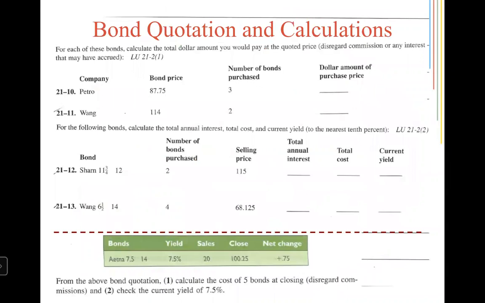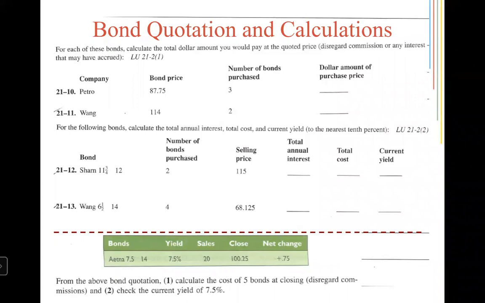Okay, so let's move to this next slide. We're going to look at a few calculations with bonds. The first one says, for each of these bonds, calculate the total dollar amount you would pay at the quoted price. So we're not looking at commission, we're just looking at the price. Look at the first one. It says petrol, the bond price is 87.75.